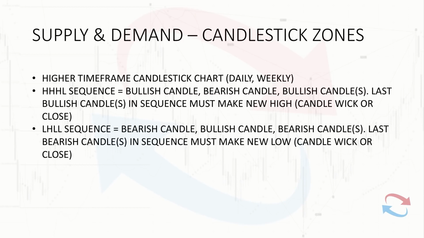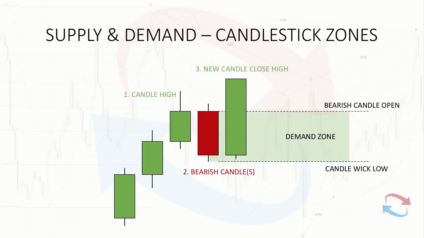So let's look at the demand, bullish example of what I'm talking about when it comes to the higher high and higher low principle. We have a trend up, and we have a candle high. We get a bearish candle, and then a new candle close high.